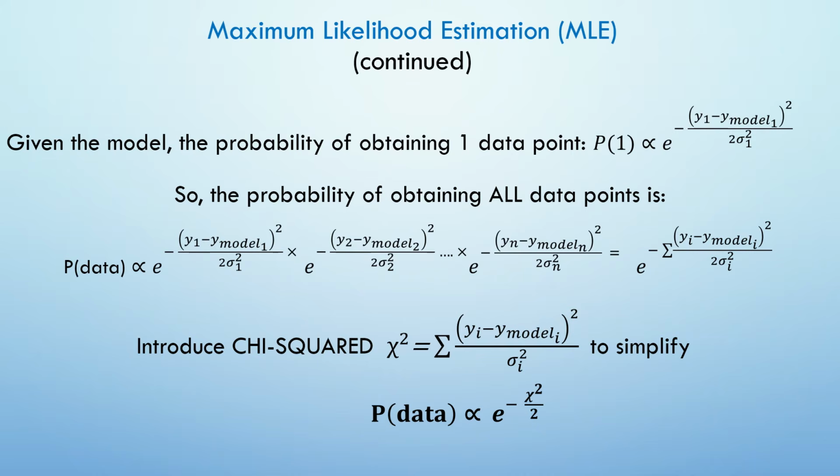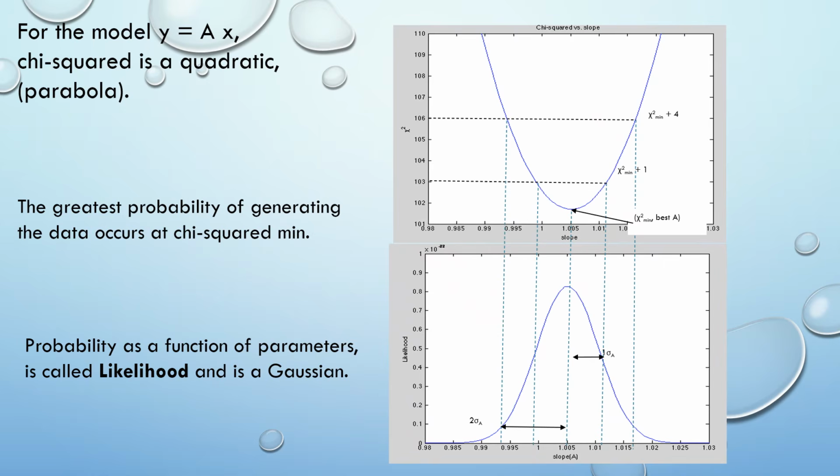Chi-squared min is a valuable quantity. To see why, let's look at the relationship between values of chi-squared and the probability of generating all the data. For the one-parameter linear model, y equals ax, chi-squared is a quadratic, that is a parabola, while the probability as a function of parameter values is a Gaussian. Note the switch in terminology.